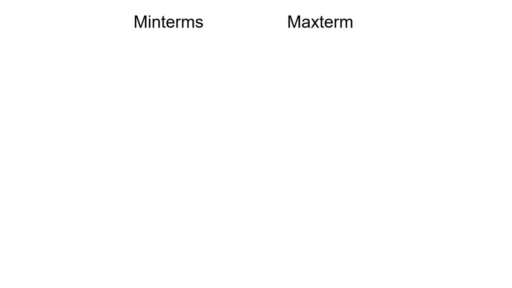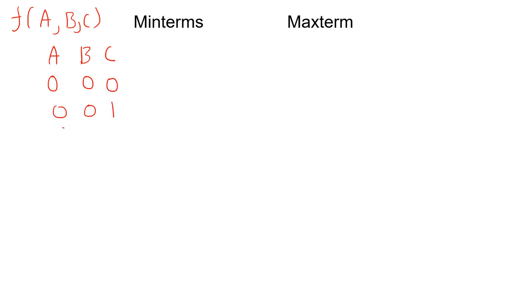So let's start with the minterm and maxterm. We have seen in the last lecture, suppose we have a function of a, b, c. Let me draw a truth table for a, b and c. It will be 0 0 0, then 0 0 1, then 0 1 0, then 0 1 1, then 1 0 0, then 1 0 1, then 1 1 0, and then 1 1 1.